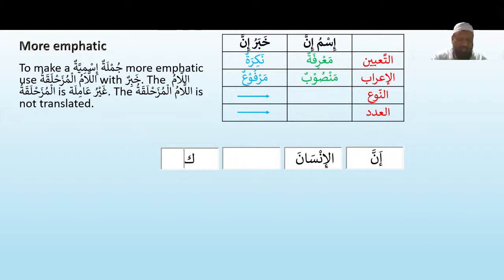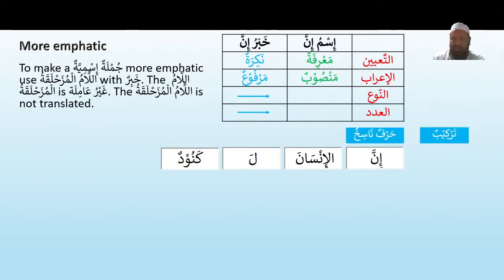Now do the خبر first. كنود. إن الإنسان كنود. اللام المزحلقة comes with خبر كنود. إن الإنسان لكنود. إن الإنسان لكنود.